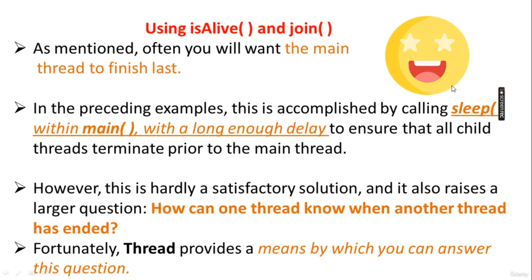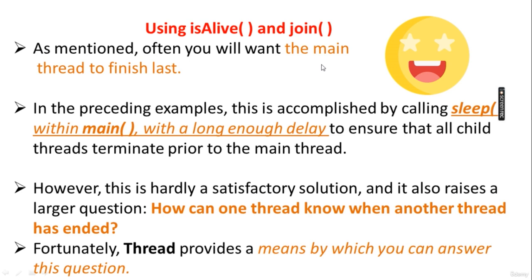These are very special functions provided by Java to handle situations like the main thread having ended. As mentioned, often you will want the main thread to finish last, and you cannot guarantee that every time. In the previous examples, we provided the sleep method, and that sleep method was causing the main thread to exit last.